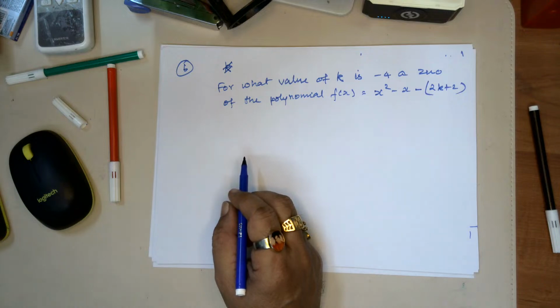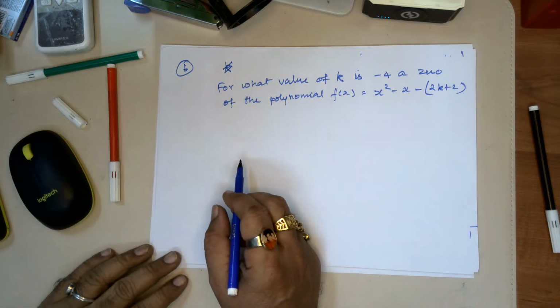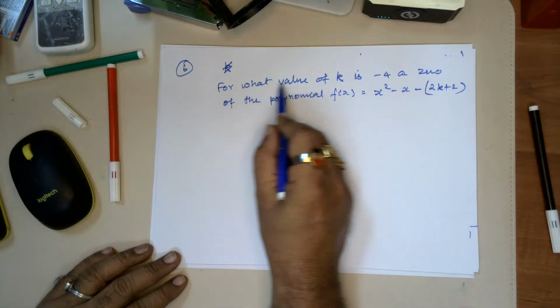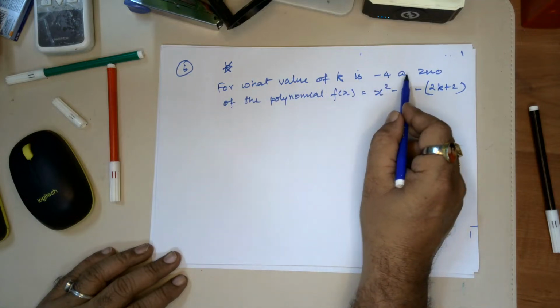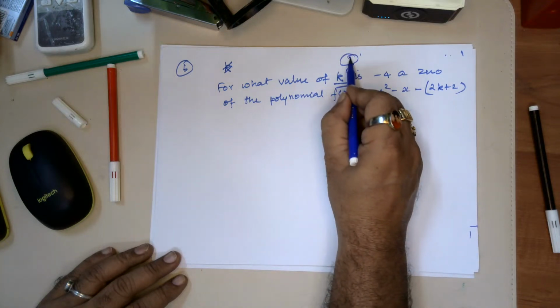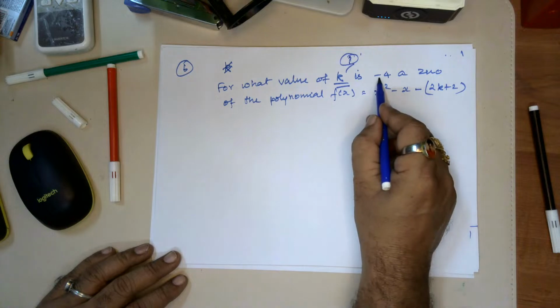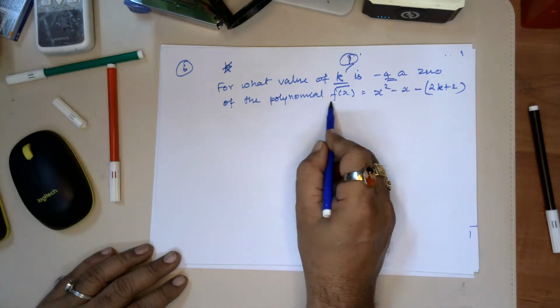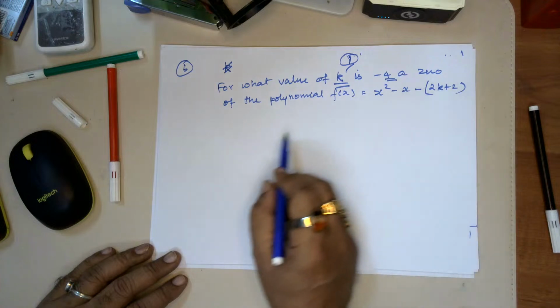So what do you understand from this? You should not mistake it by reading the sum as, for what value of k is minus 4. Don't take k as minus 4. It is asked, so k is equal to what? And for which minus 4 is a zero of the polynomial f of x is equal to x squared minus x minus 2k plus 2.